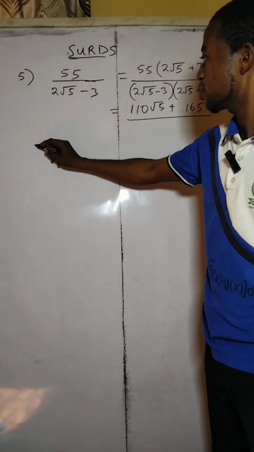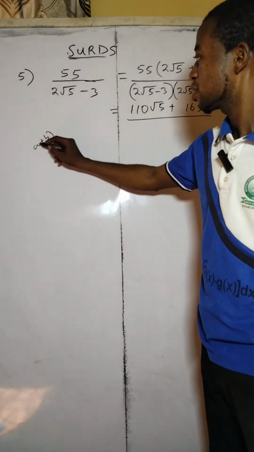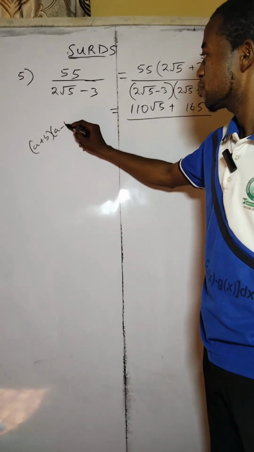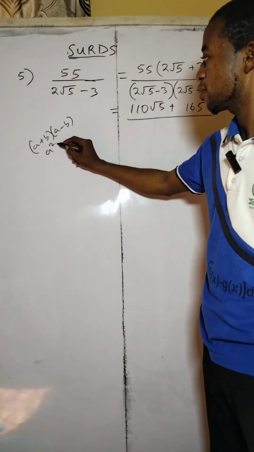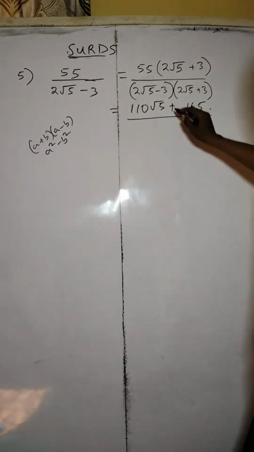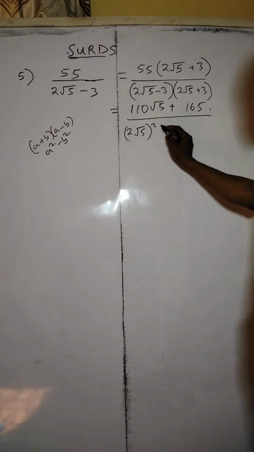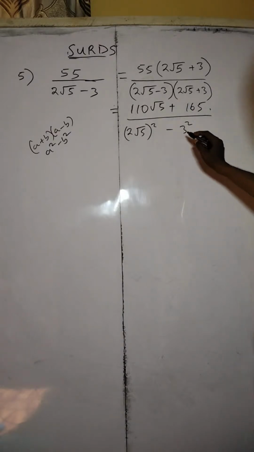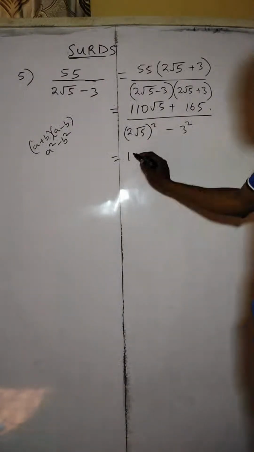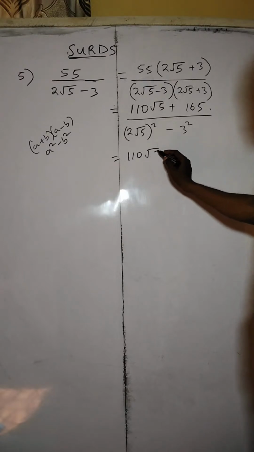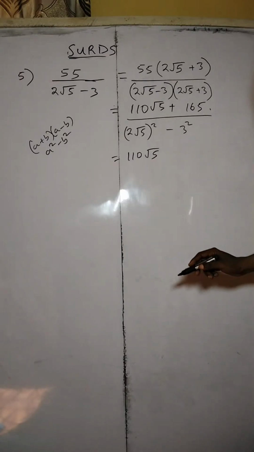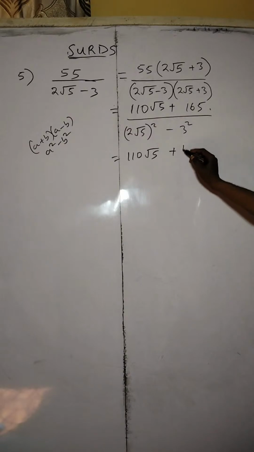When we have a plus b into brackets a minus b, this is the same thing as a squared minus b squared. So here, we can say this is 2 root 5 all squared minus 3 squared. Then here we maintain 110 root 5, then plus 165.